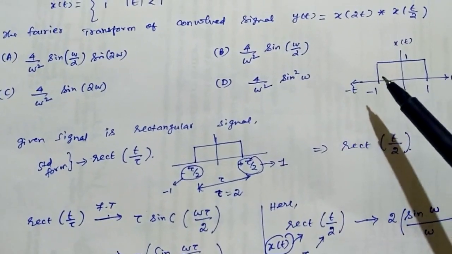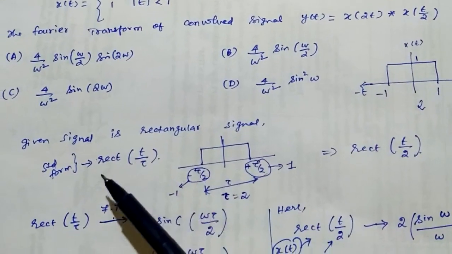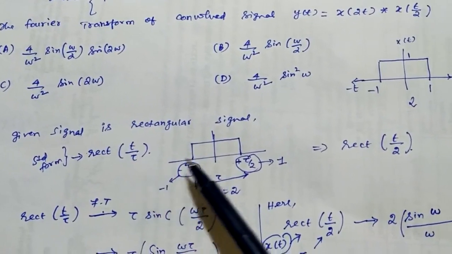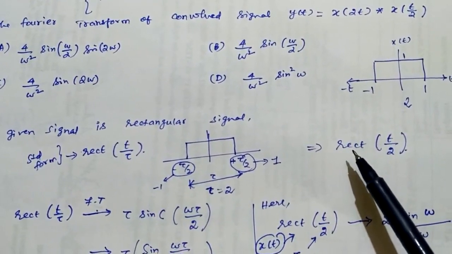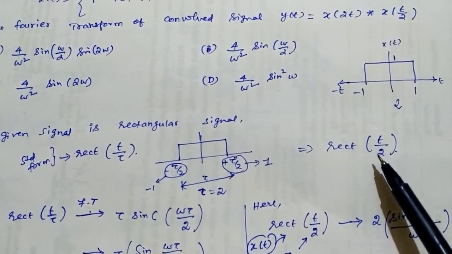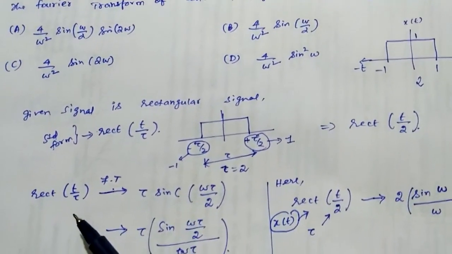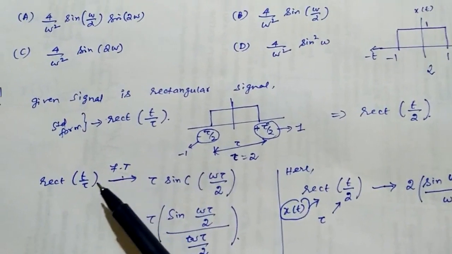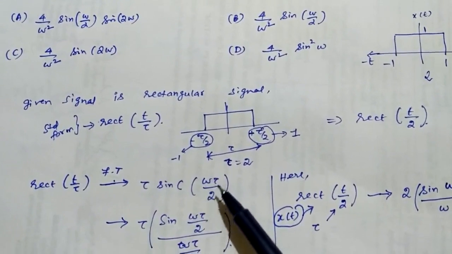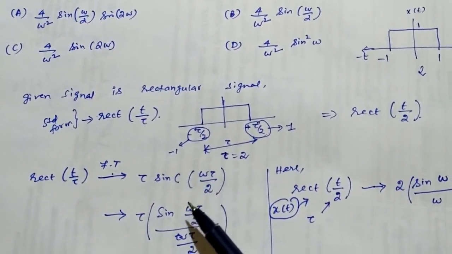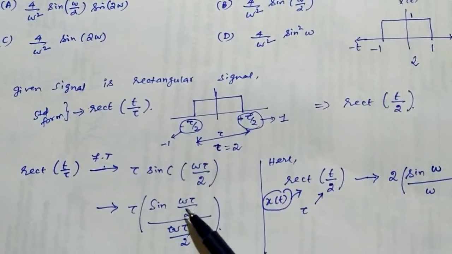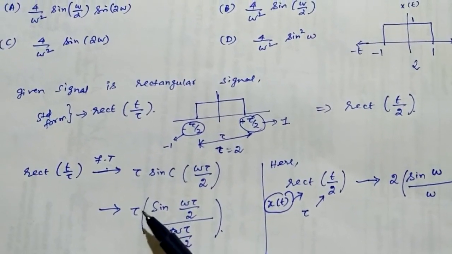Here, as we know, the given signal is a rectangle signal, so that can be written as rect of t by tau. Now here the given problem will be written as rect of t by 2, so the tau value is 2. Again we know the Fourier transform of any rectangle signal is tau sinc of theta. This sinc function can be expressed as sine of theta over theta.